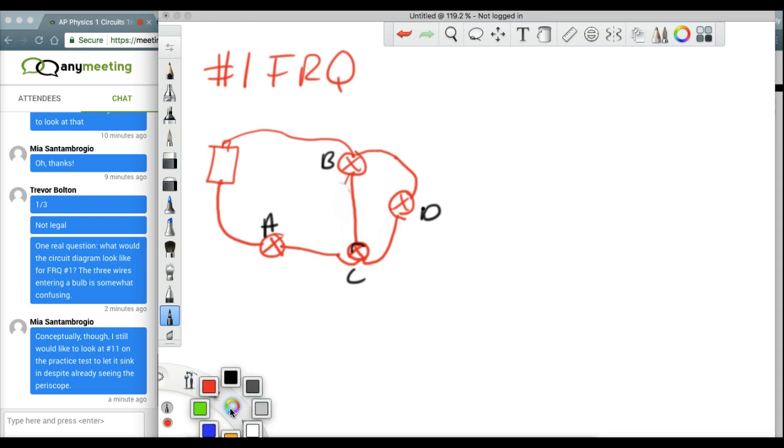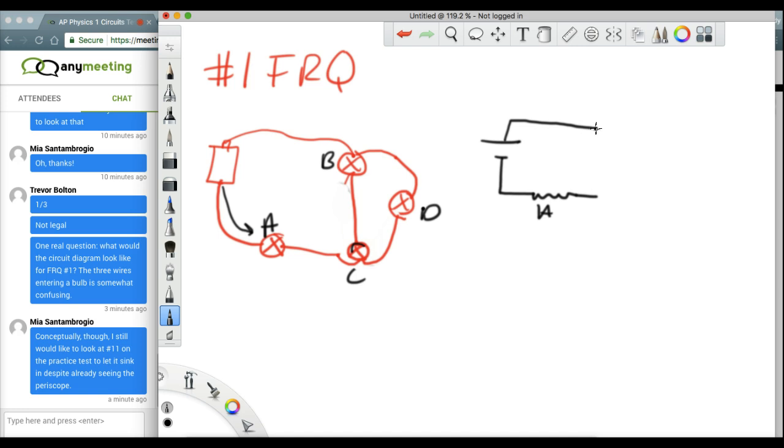The circuit diagram for this one would of course have the battery looking like that, and then you're going to have A in series with the battery. You can see that there's a straight path there with the battery, and then you're going to have a split at this point right here. The current can go this way or this way.